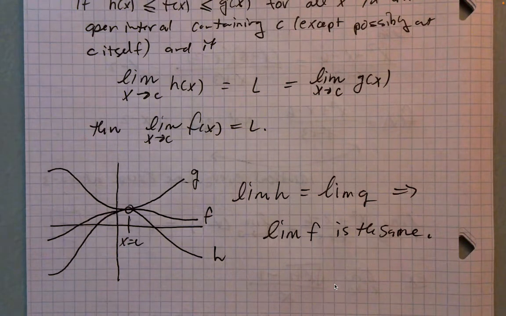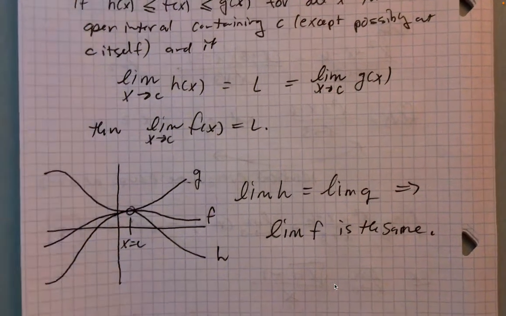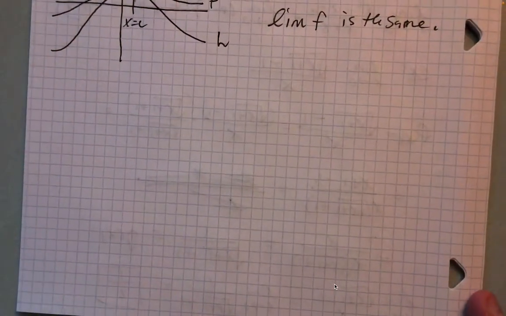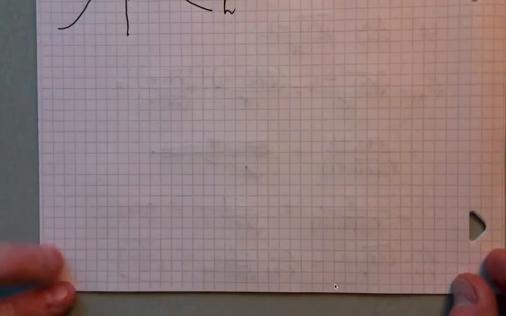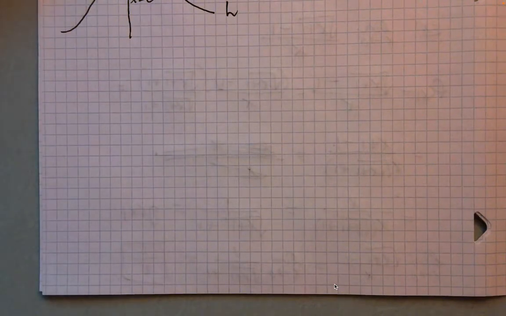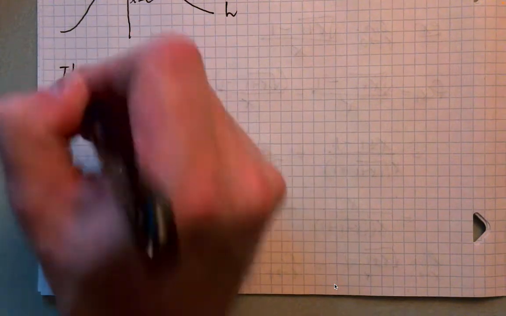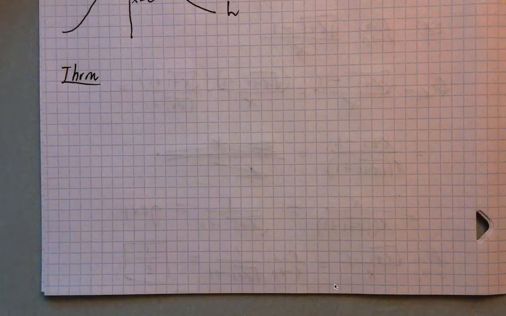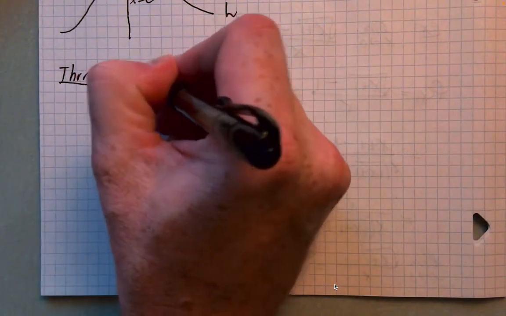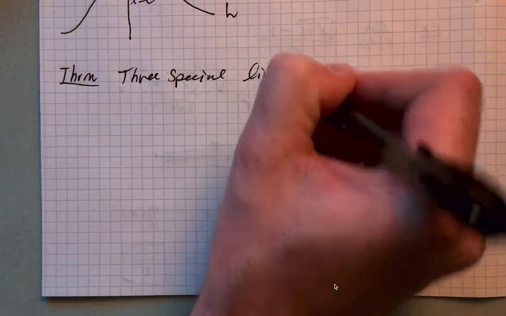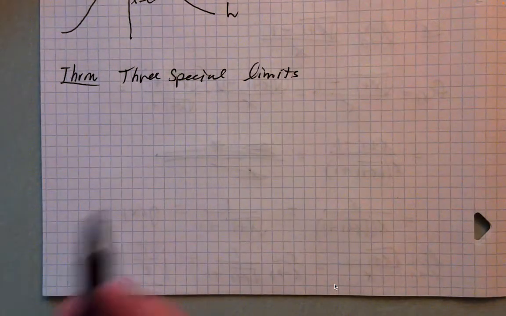Okay, now we won't prove the squeeze theorem in this, but this would be one that you would pick up in analysis. It's a very nice proof. But what we will do is use it in a clever way to come up with three special limits. We won't prove all of these, we'll prove one of them, and I think it's a very nice proof.